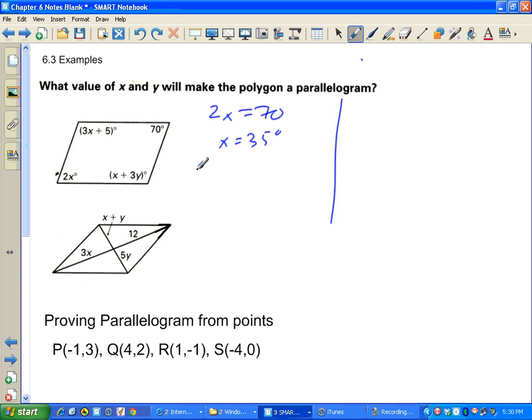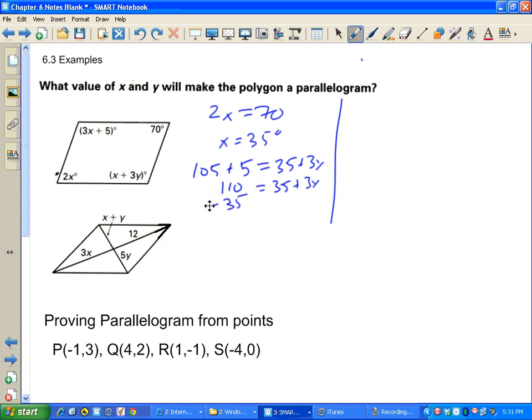So 3 times 35 is 105, plus 5 has to equal 35 plus 3y. So this is 110 equals 35 plus 3y.